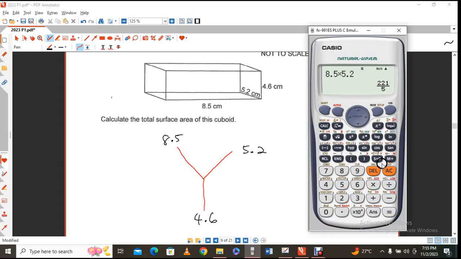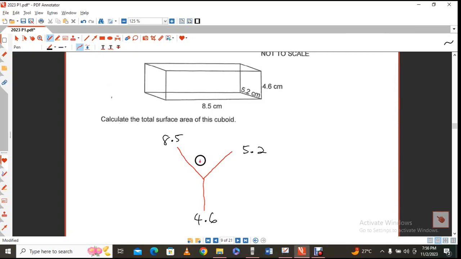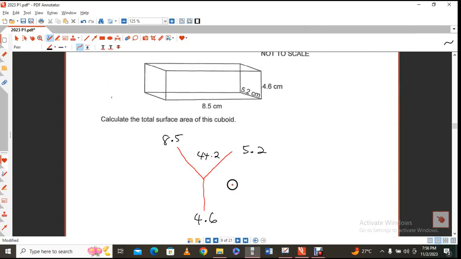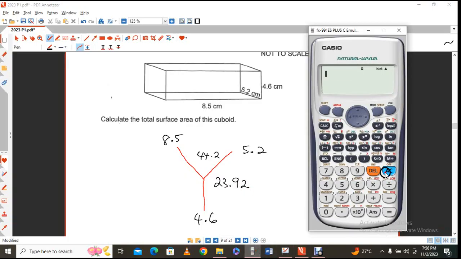That gives me 44.2. So 44.2 over there. And then I'll say, okay, the next one is 5.2 times 4.6. That gives me 23.92. Then I will have 8.5 times 4.6. That gives me 39.1.